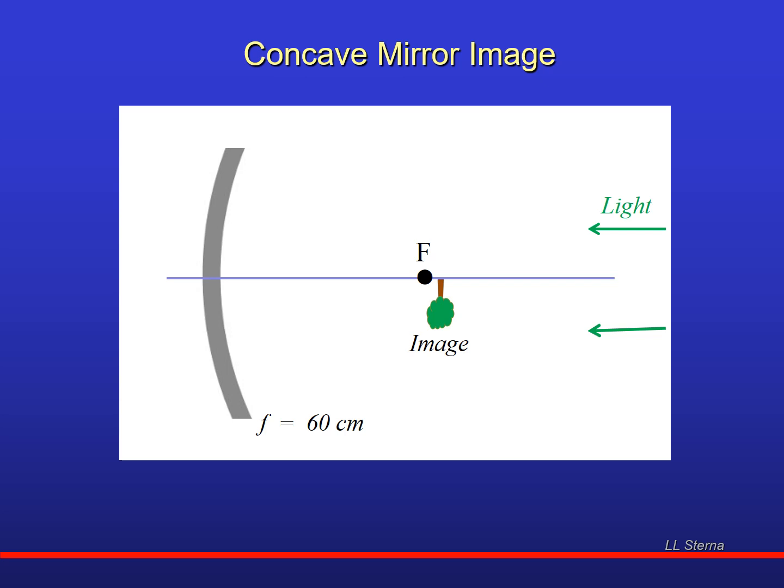Now, this is a realistic kind of experiment. If you took a large concave mirror, I mean the 60 centimeters is the focal length, but I'm assuming it's also large in size. It's not a miniature mirror. A large mirror can gather a lot of light. So if you point that mirror at an object, it will gather enough light.